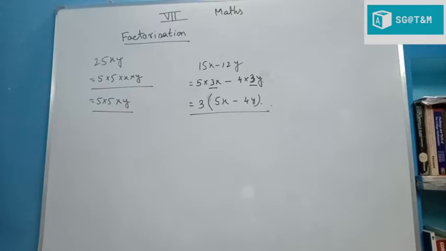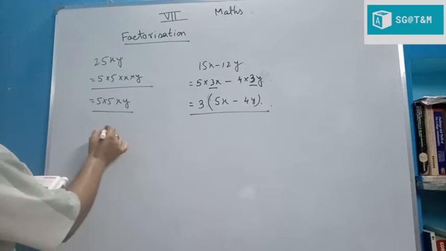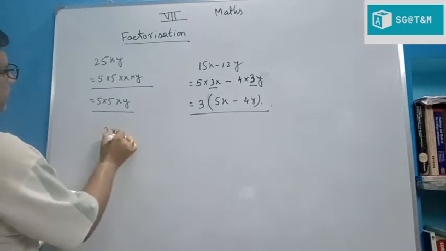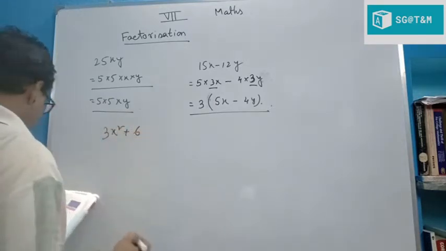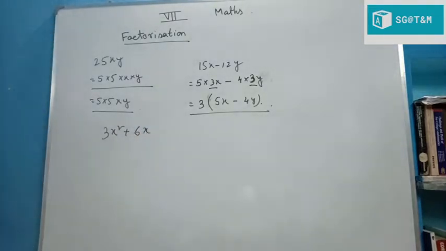Another example of this type: 3x square plus 6x.